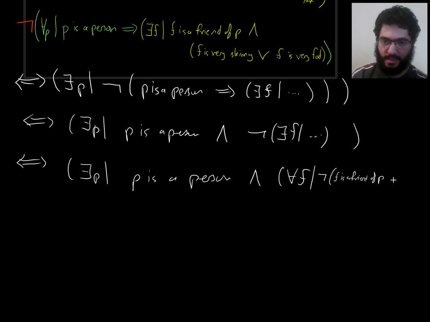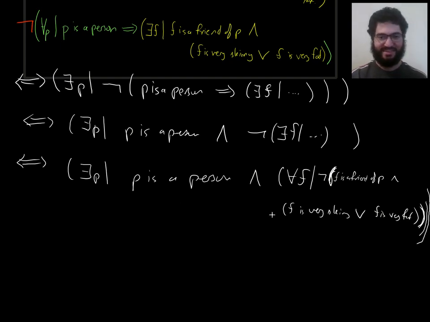It's not the case that F is a friend of P and F is very skinny, or F is very fat. So the negation is on all of this portion here. And then I need to close that parenthesis, and I need to close that parenthesis. Okay.